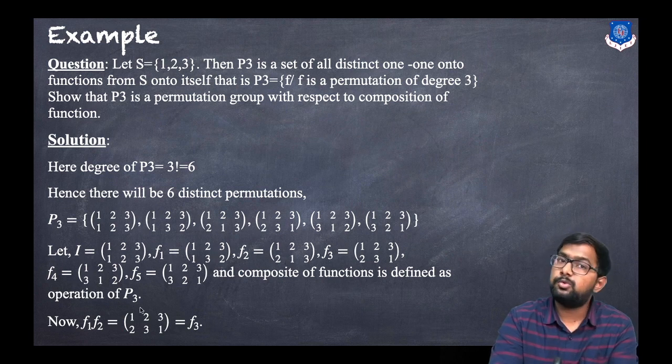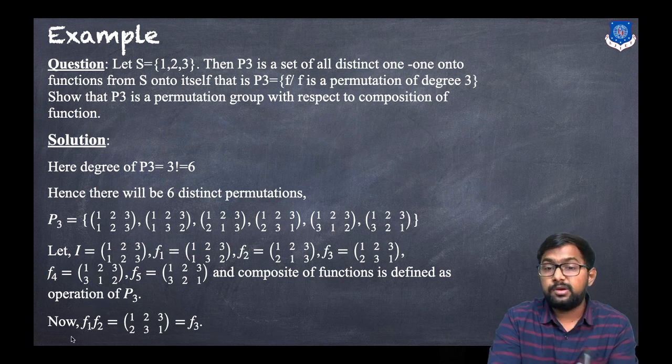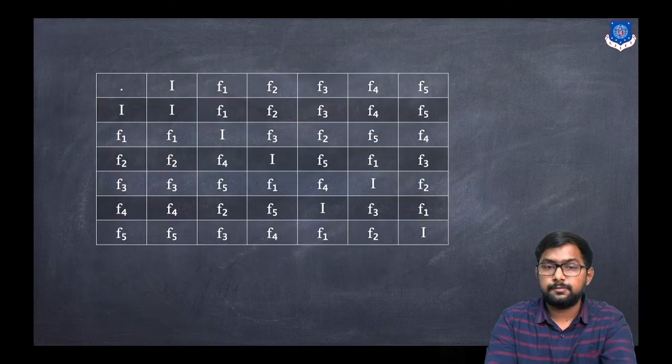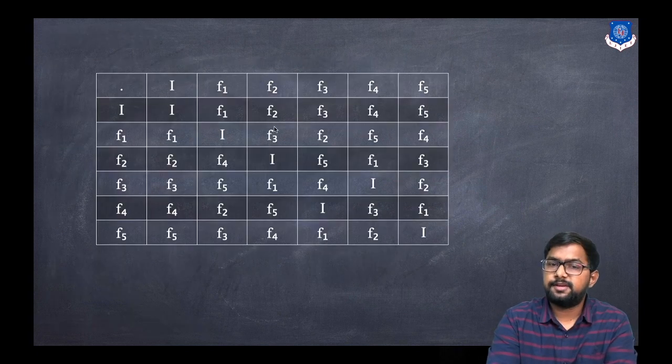Now 3 goes to 2, and 2 goes to 1. So the final answer will be 3, 1. And this new permutation we have got is already there. That is F3. So F1 composition F2 equals F3. In the same manner, you can calculate each and every term.